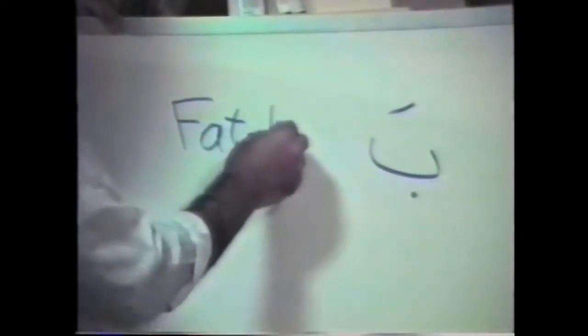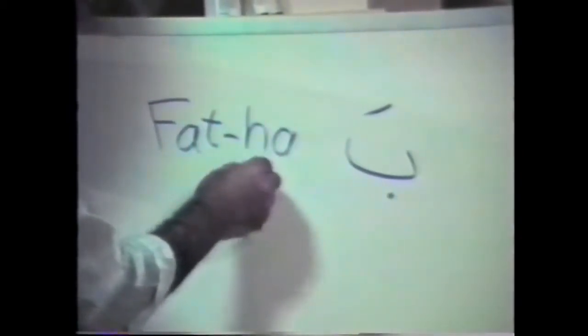Let me erase all this. The letter, again, the letter ba. The slanted dash on top of it is called fatha. Now in Arabic, let us write your second Arabic word.